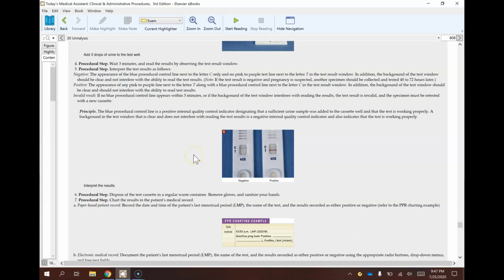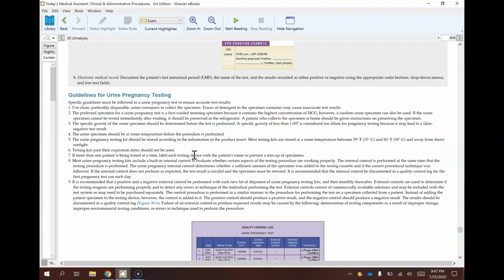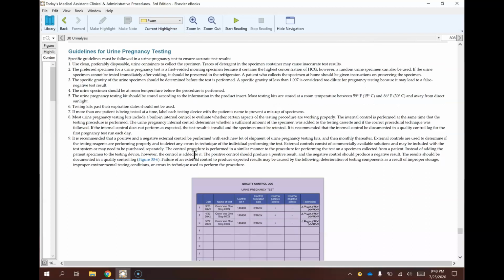So remember, always open up the instructions in whatever kit you're using so you make sure you have a clear understanding of what results you're looking for. Okay? It talks about guidelines for urine pregnancy testing.